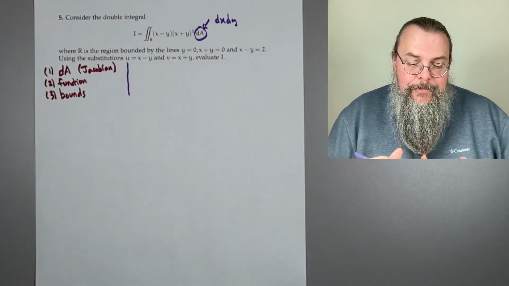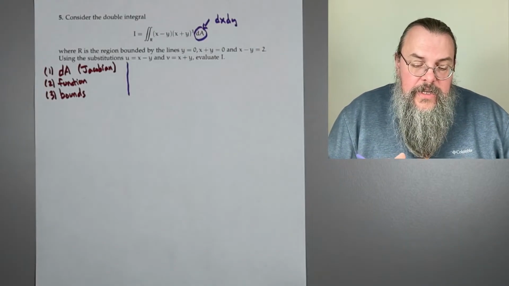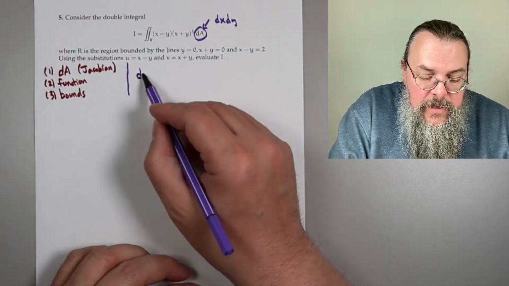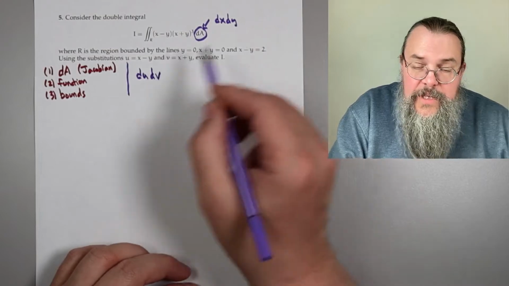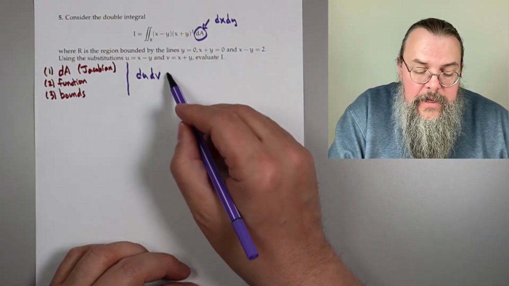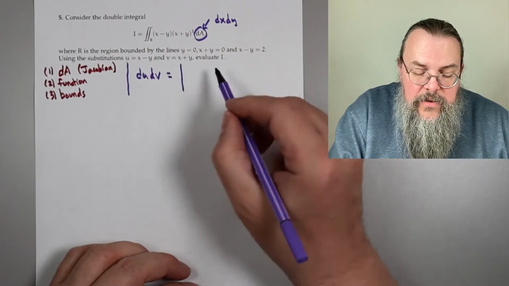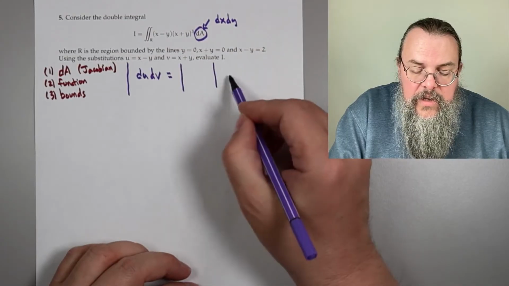How do we figure that out? And so here's the nice rule. If I want to find du dv in terms of dx dy, I introduce the Jacobian. And so it's going to be a 2 by 2 matrix.